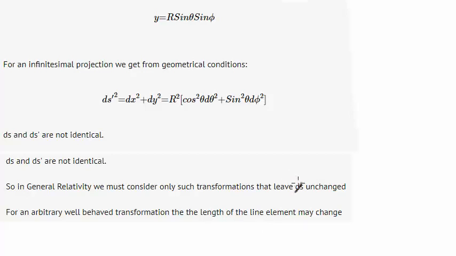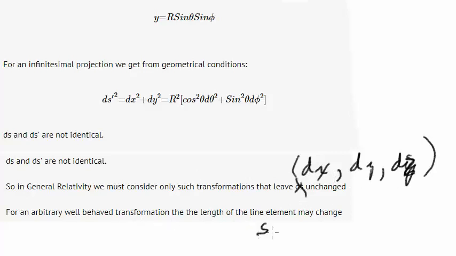Okay, so anyway, I think I would agree with this statement if we said we must consider only transformations that leave dx, dy, and dz unchanged. For an arbitrary well-behaved transformation, though, the length of the line element may change.